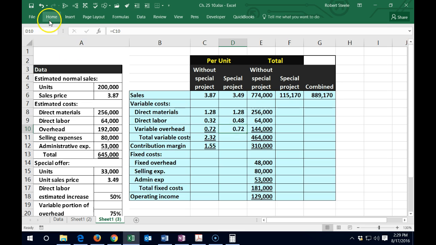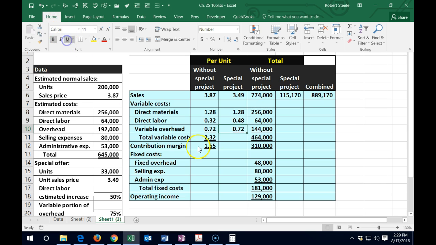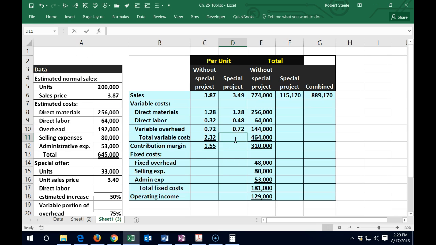So our variable costs have changed slightly due to the direct labor. Then we're going to sum these up, equals the sum of the 125, the 48, the 72, gives us the 248. Contribution margin per unit then would be the 349 minus the 248, giving the 101.